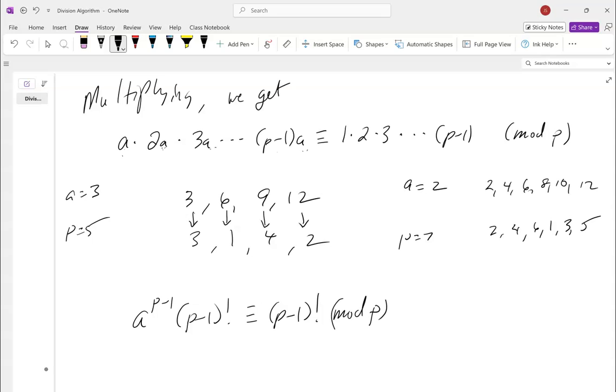As long as it's relatively prime, I can cancel it out. How do I know that that product, 1 times 2 times up to P minus 1, is not divisible by P? And you're right. It's because P is prime. What would P be trying to divide?